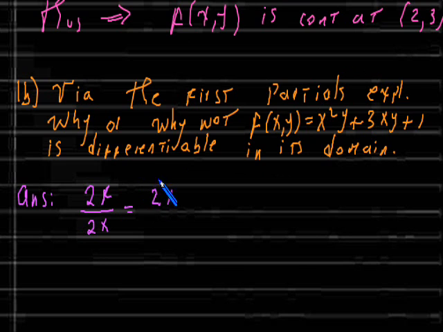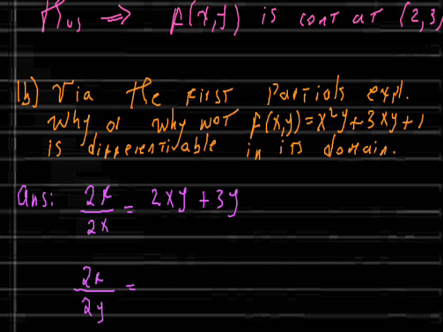The partial of f with respect to x is just going to be equal to 2xy plus 3y. That is a polynomial, and as we stated above, polynomials are continuous throughout R2, the plane. So this partial is continuous throughout the plane, the domain of the function. Now let's take the partial of f with respect to y.